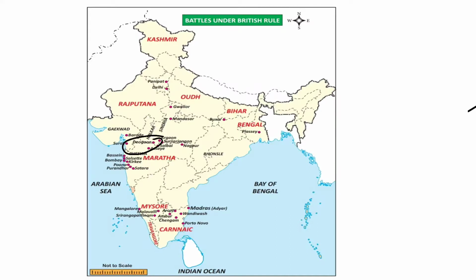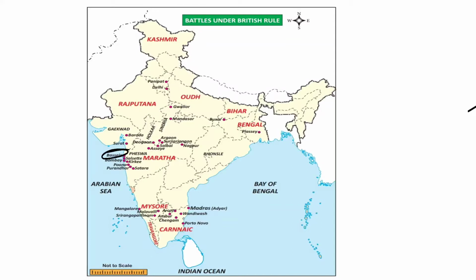Deogan, Bezin, Bombay, Pune, Purandar, Satara, Kirki, Salsett. These places were controlled by the Peshwas. They are also called Marathas.